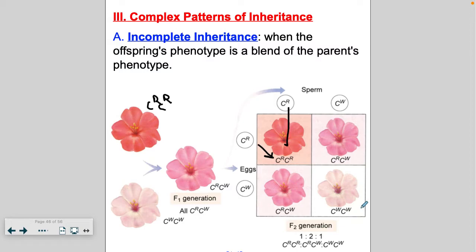CW CW, white. So with two pink flowers, you can see all three types of phenotypes. You can see the original parents, the red and the white, and then you can see the new blend, which is pink. So the offspring are a blend of the parents' phenotypes.